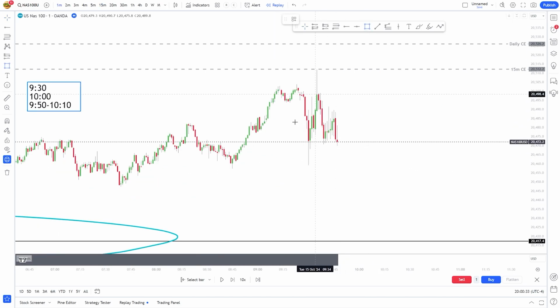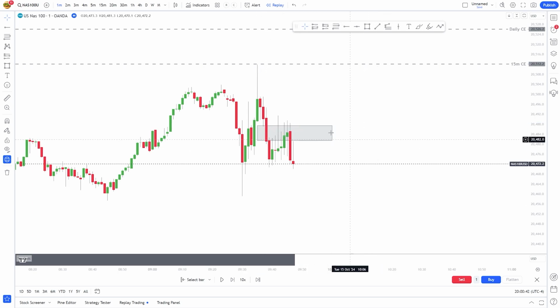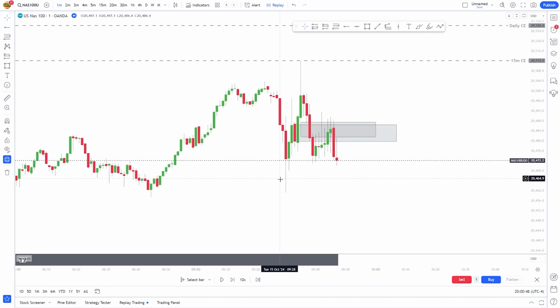Now, back on a one-minute chart, we see that at around 9:40, there has been a gap, ICT's fair value gap, as well as an order block where there's displacement to the upside. We see a candle of the opposite color. This whole candle can be an order block, and it's just an area of retracement, an area of strength or weakness.